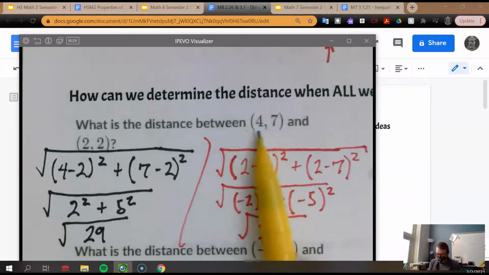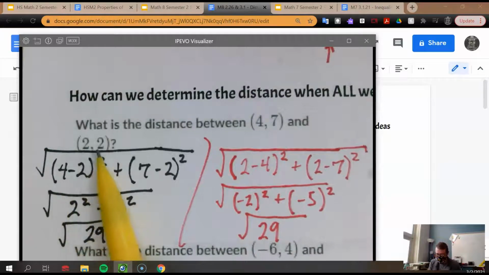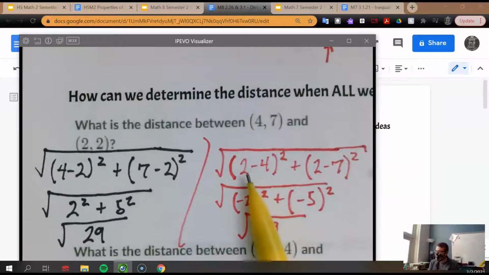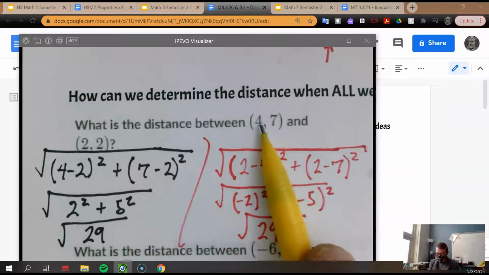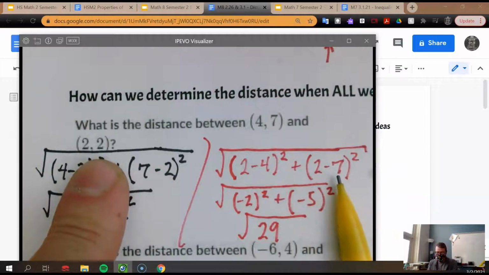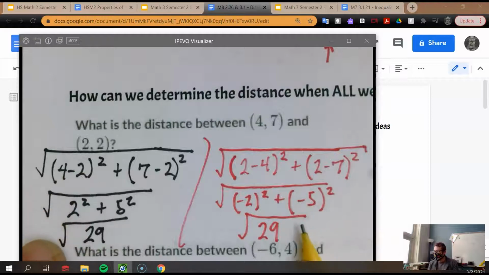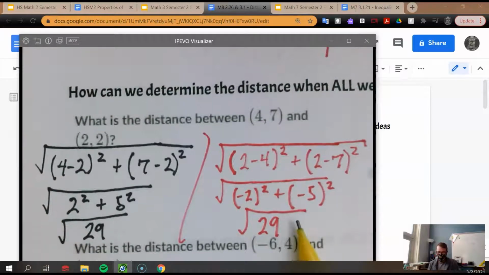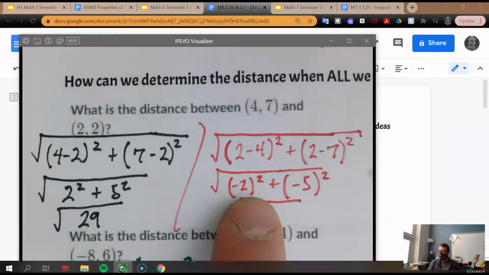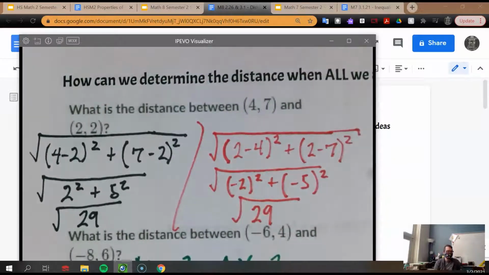So if I start with my point that is up here and minus the point that is down here, I have to do the same thing here. But if I start at the point that is 2 and do 2 minus 4, and then again start with the point that has the 2's and do 2 minus 7, it mathematically comes out to be the same thing. Because when we square that negative distance, well, it's not a negative distance. It's just a distance in the negative direction. So squaring fixes that, right? Squaring will fix that negative.